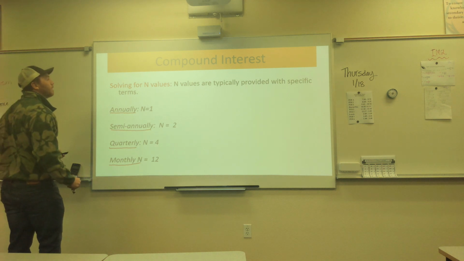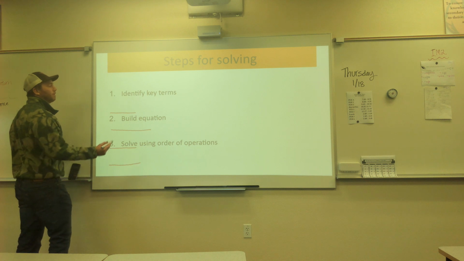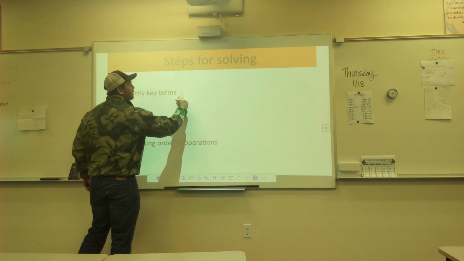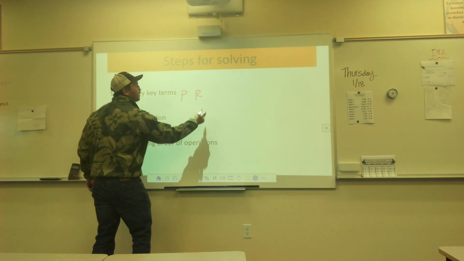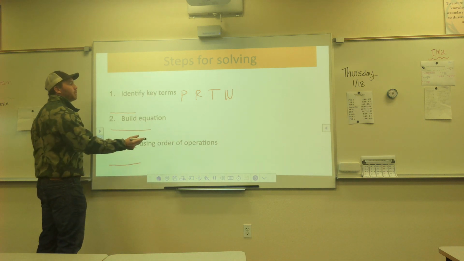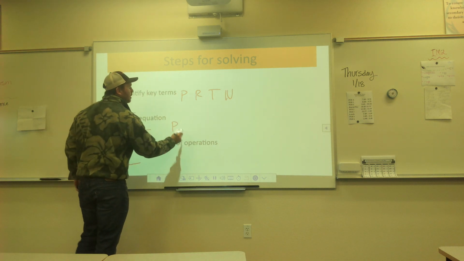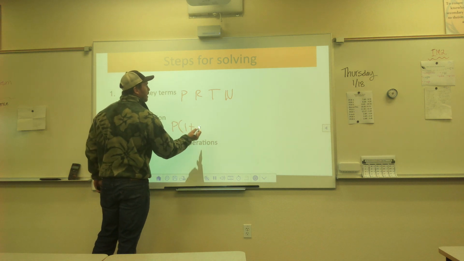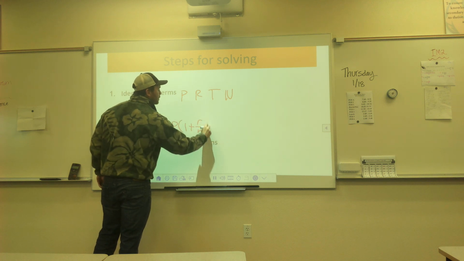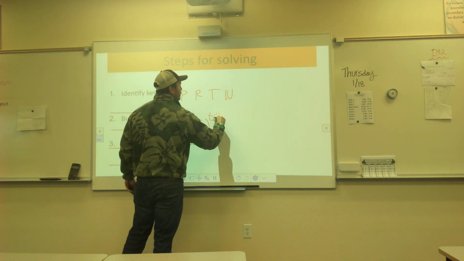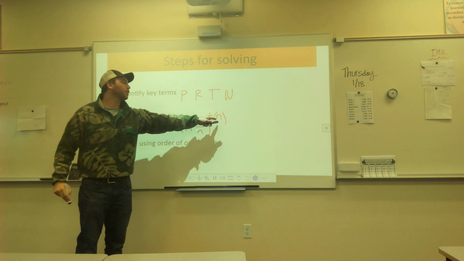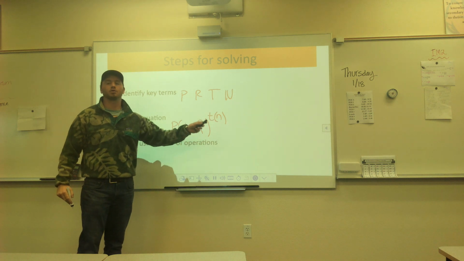Right. So now we're going to go over some examples, or let's actually just go over the quick steps first. First step, identify the key terms. Remember that's P, R, T, and N. From there, just build up your equation. So use that P value where you see P. Use that R value where you see R. Use that N value wherever you see N. Use that T value wherever you see T. Only reason why I'm putting parentheses right here is just to remind you that it's multiplication.